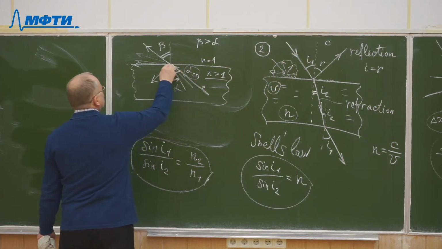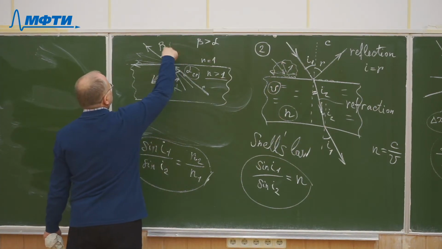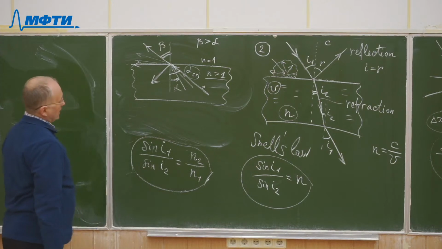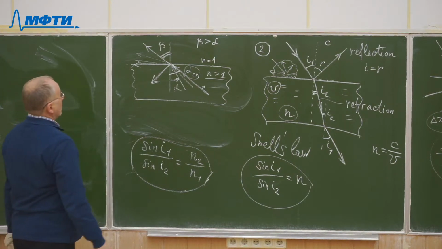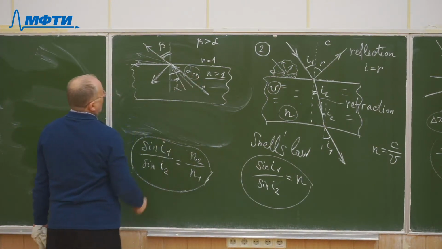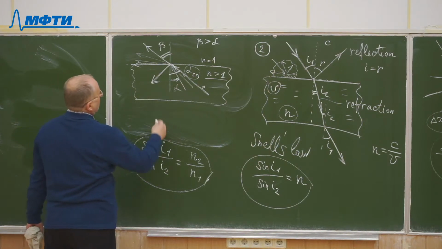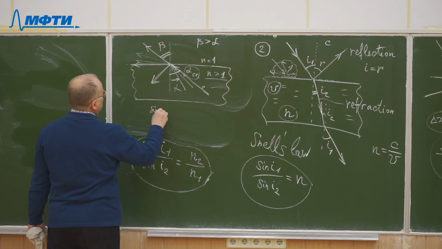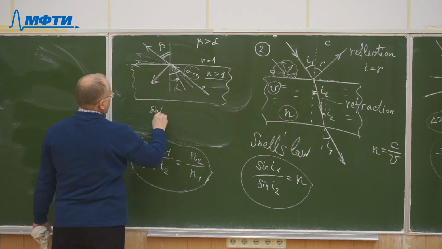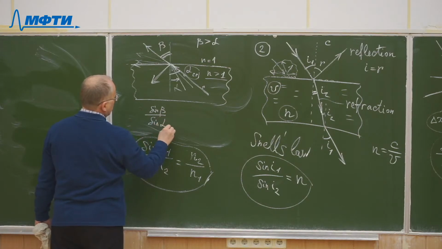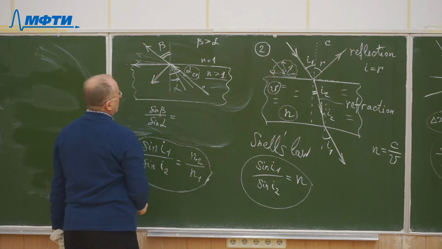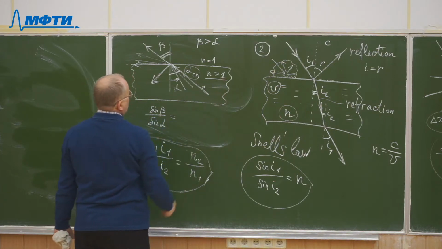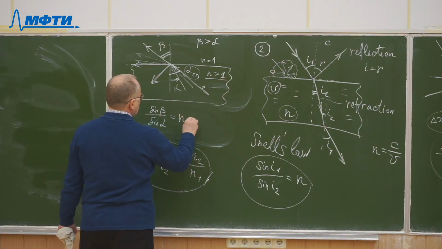Then all the energy will be reflected and no energy will be transmitted to the air from the glass plate. It's easy to calculate the critical angle because we know that sine beta divided by sine alpha in this particular case equals the refractive index n.